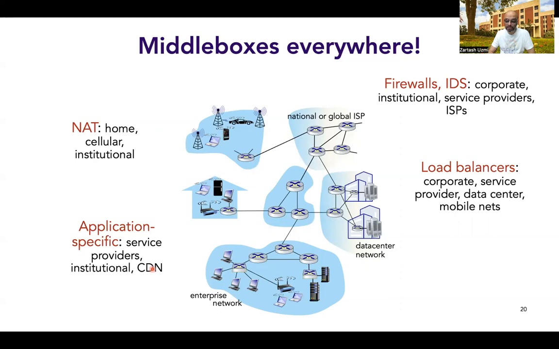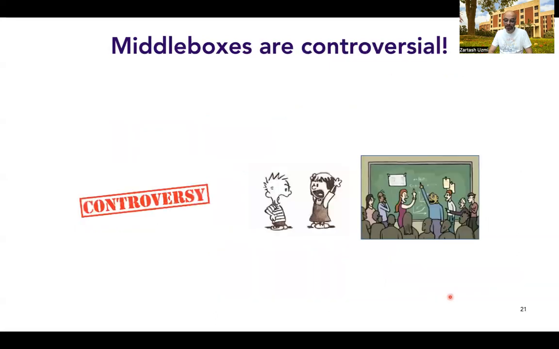Similarly, you will see middle boxes as caches for acceleration of web content, quickly getting the responses. In service provider networks, they often install caches. Mobile networks and CDNs install caches as well.